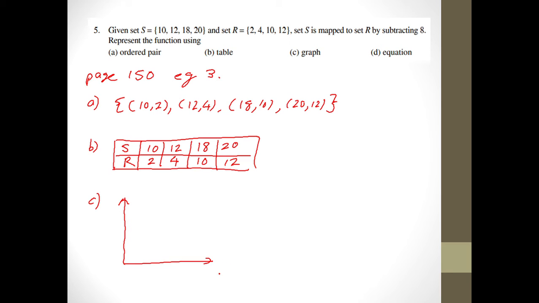Here, the object is S and the image is R. For the object, you have 10, 12, 18, and 20. For the image, you have 2, 4, 10, and 12. After that, you just draw points like this and join the relation between them.